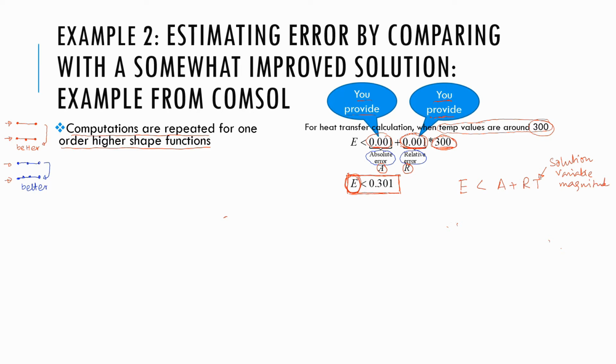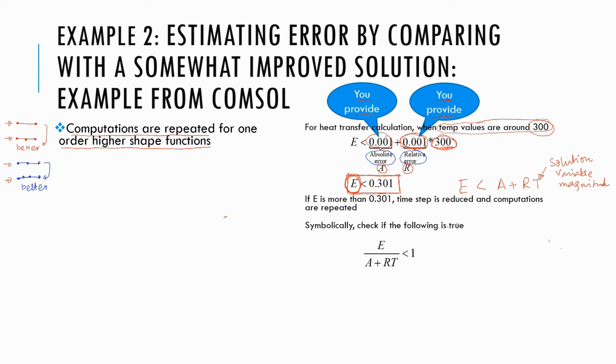So we're saying E should be less than A plus RT. In other words, check if E over A plus RT is less than 1, because E should be less than A plus RT.